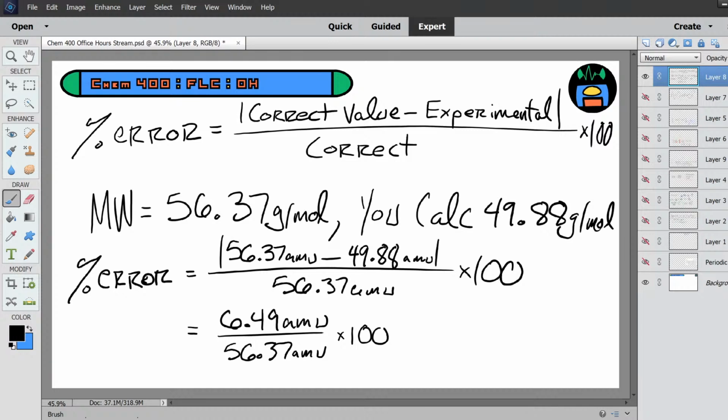Now you'll notice, if you're keeping track of sig figs, both of these numbers have their last significant digit in the second decimal place, as does our numerator, so we don't need to round. It has the proper number of sig figs. We go 6.49 divided by 56.37 times 100. So this would give us a percent error of 11.5%.